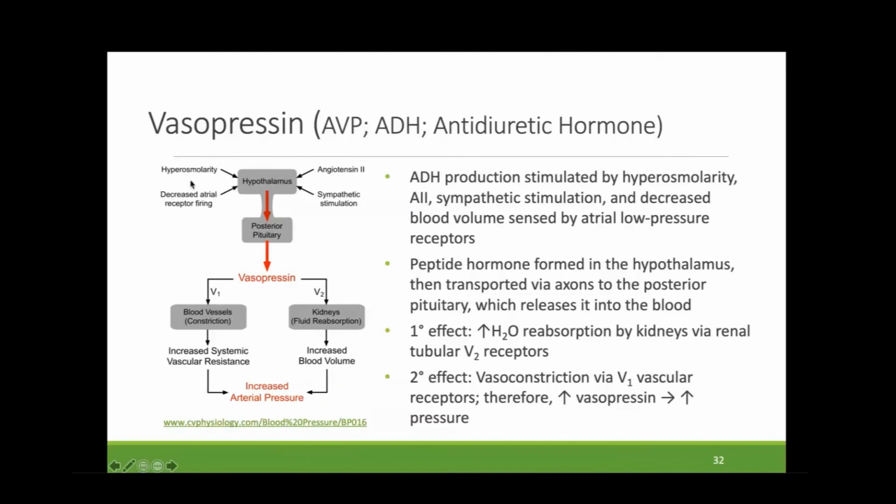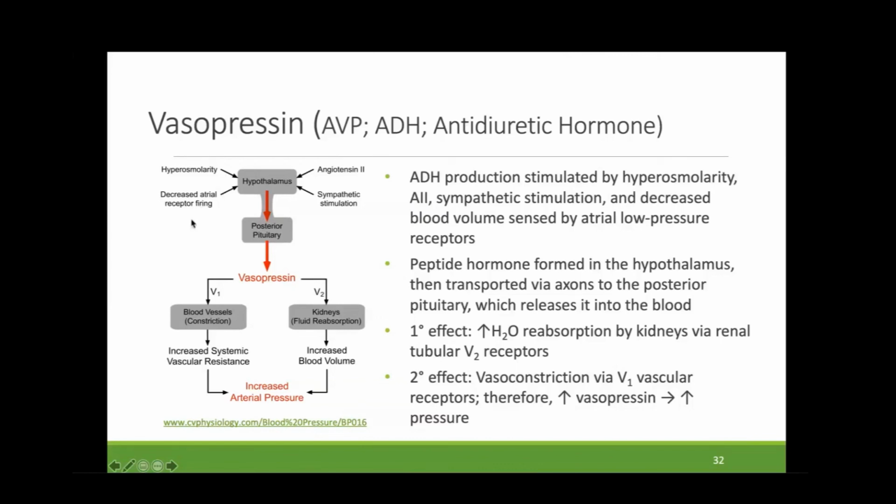The other important factor is decreased atrial receptor firing. There's a type of receptor, particularly located in the right atrium, what we call a type A receptor, that its normal firing through changes in the pulsatility from the right atrium inhibits hypothalamic production of AVP.